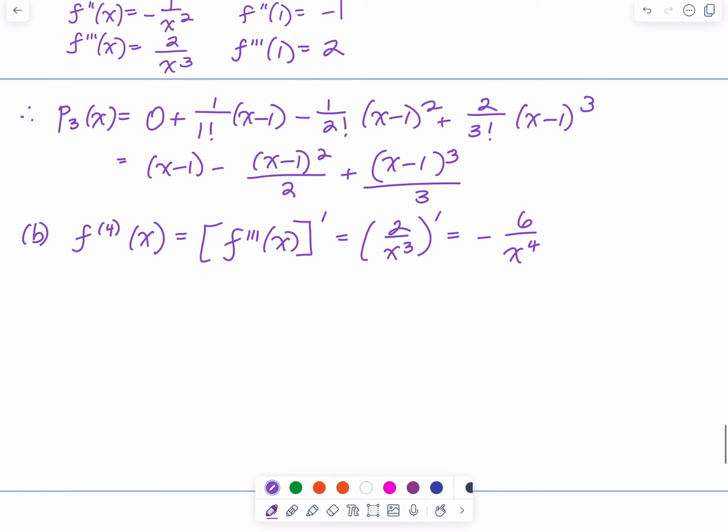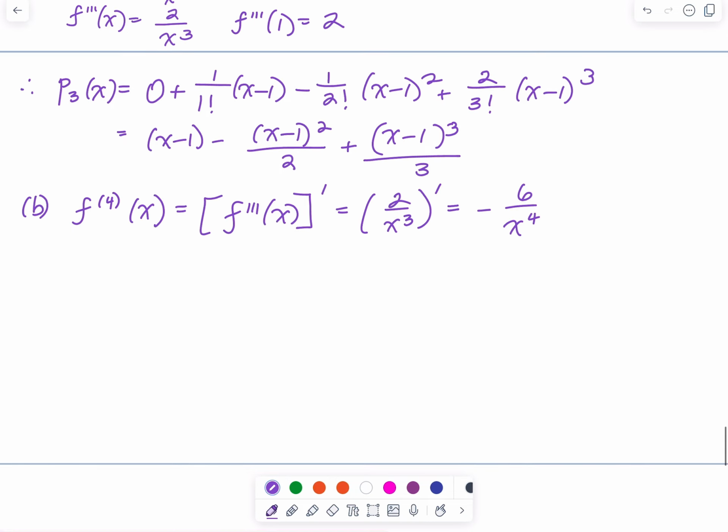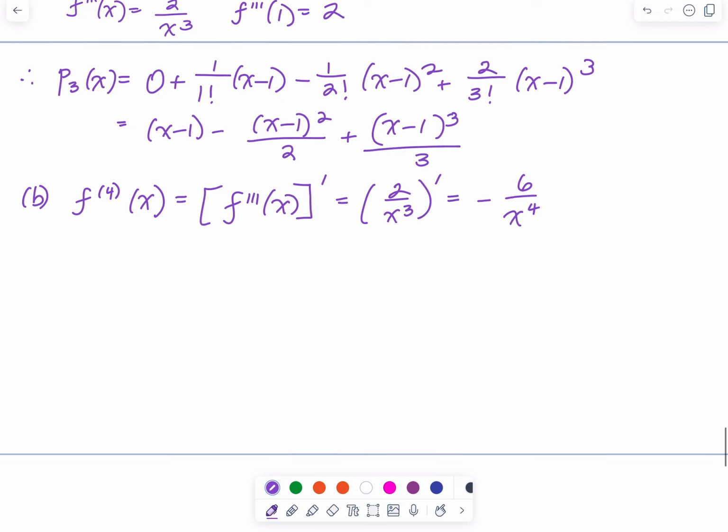So now let's talk about our error. This is going to be the error that we have after approximating the function ln of x using a third degree Taylor polynomial. So we have epsilon of x, and it has a subscript of 3 because we are approximating it with a third degree polynomial.